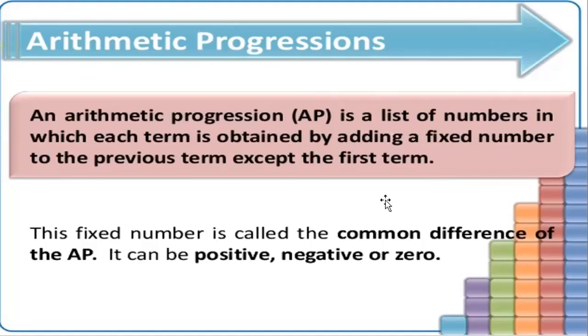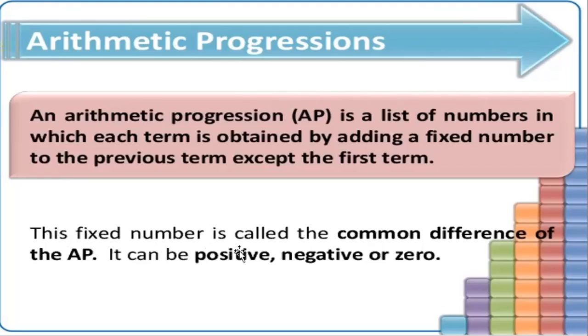First term is not included here. The first term can be different, it is not necessary to include the first term in the arithmetic progression. But the idea is we have to add a fixed quantity to get the next number in the sequence. If it follows this rule, then it is an arithmetic progression.